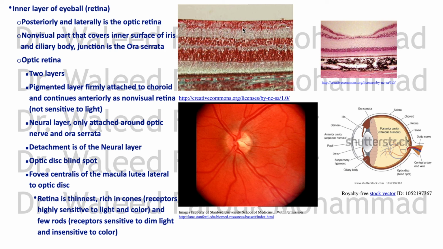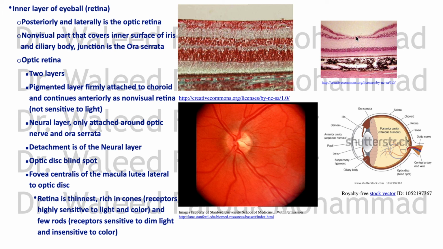Okay, the most sensitive area of the retina is the macula lutea. See, the thickness of the retina is decreasing until it's thinnest in the very center. It's called the fovea centralis, where there are no more rods, the photoreceptors for dark.